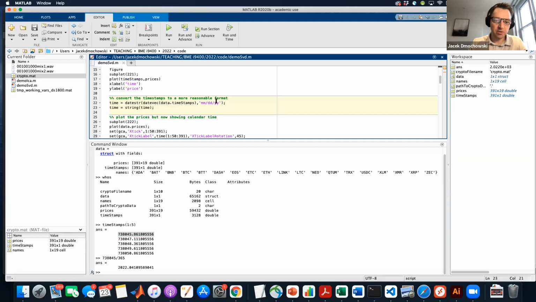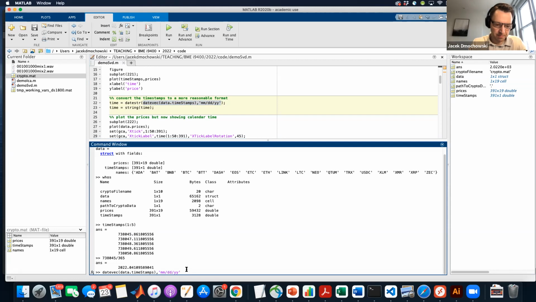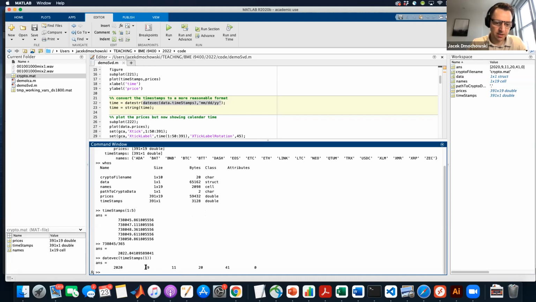And so this is kind of a double function. So the first thing I do, and I'll actually unpack it here. First thing I'm going to do, there's a datevec command which will allow me to convert a given timestamp into an array that gives me the year, month, day, time, and this is a UTC time.